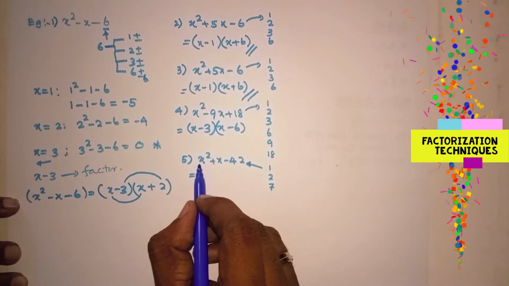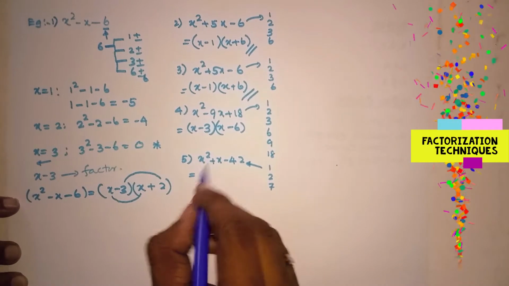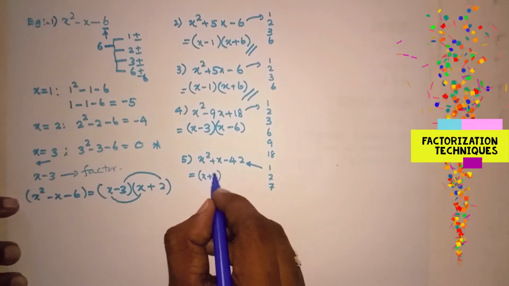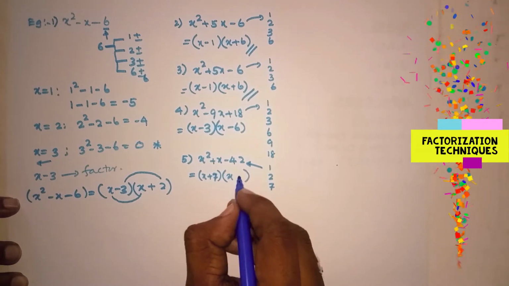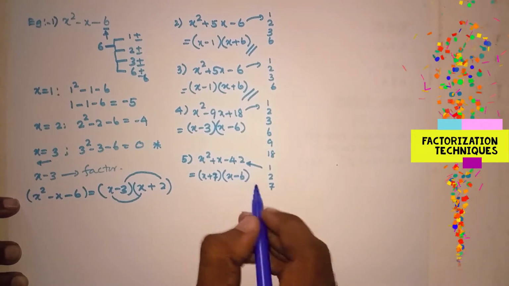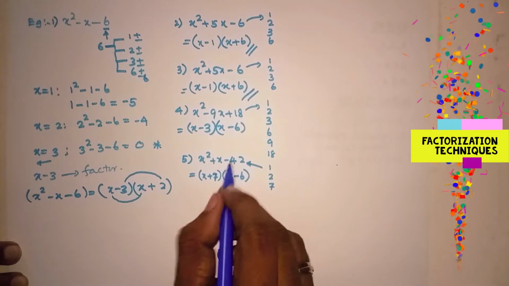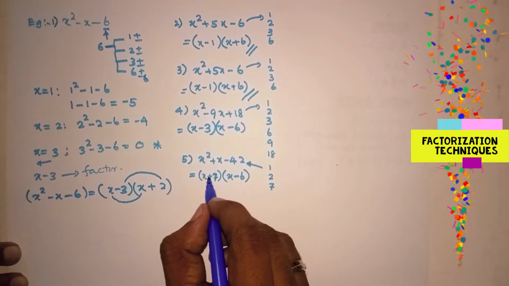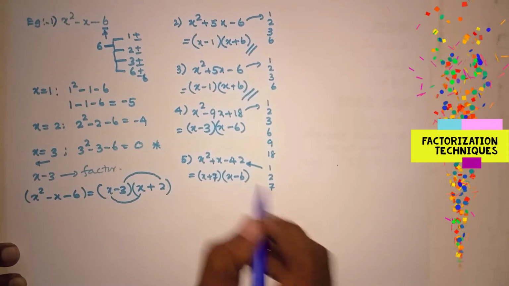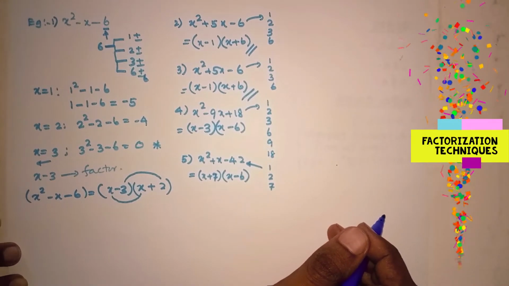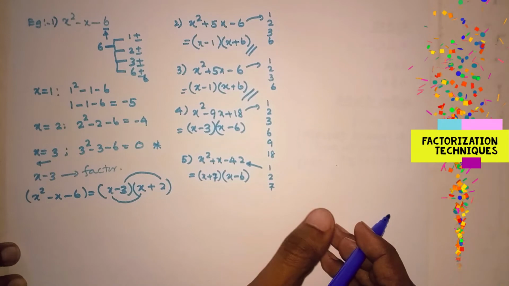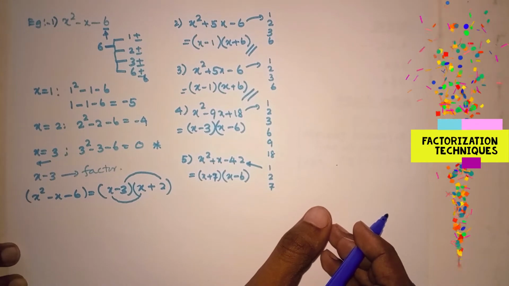So when we put x equals minus 7, the factor will be x plus 7. Then the remaining factor: we need minus 42, and with plus 7 there, you need to put minus 6 here. Likewise you can factorize algebraic expressions easily. This method we call the factor theorem.